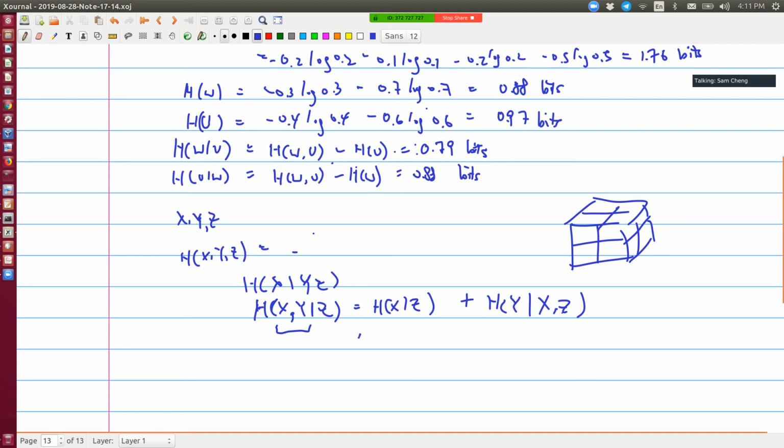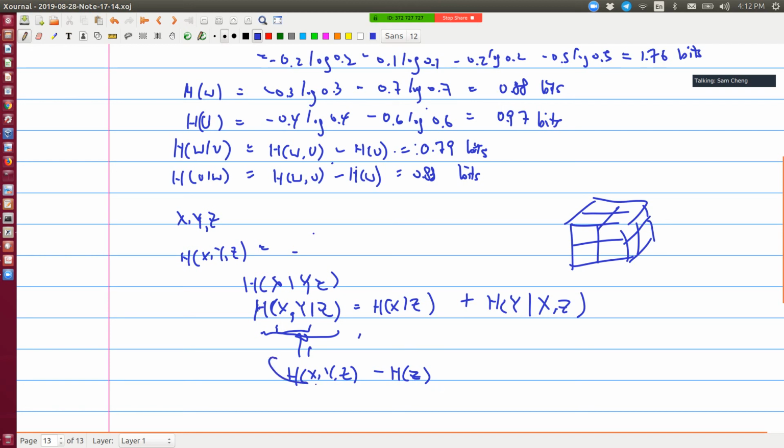And let's see, what else can I do? Honestly, maybe it's easier to compute this. For example, if I want to compute this guy, this can also be equal to H(X,Y,Z) minus H(Z), because H(X,Y,Z) is the joint, knowing Z then.